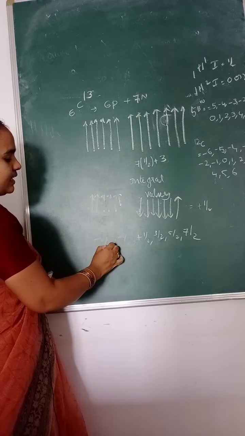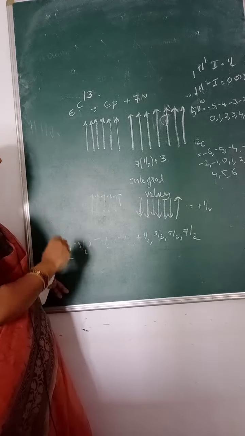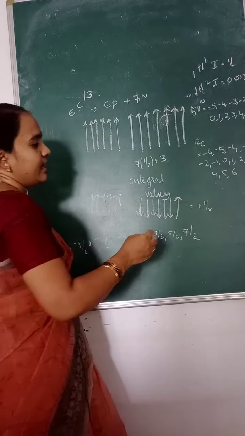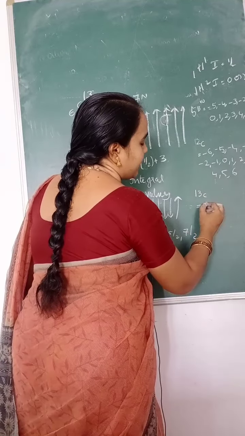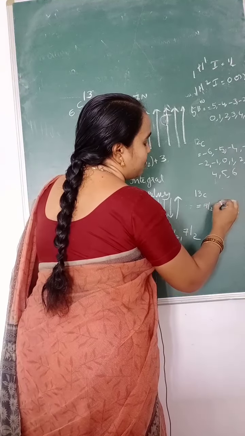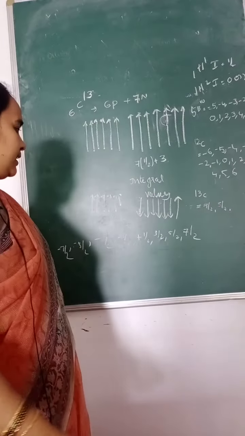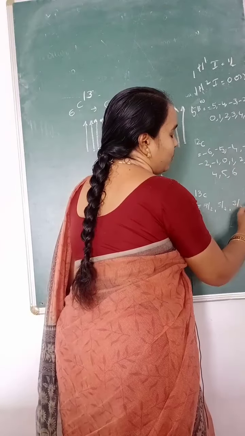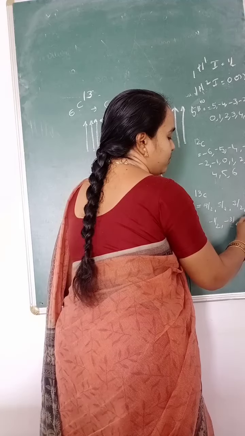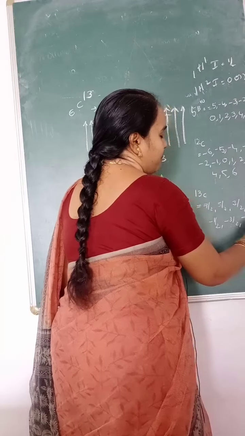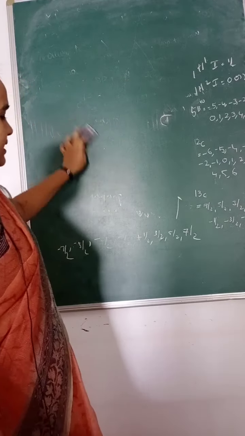Similarly we get minus 3 by 2, minus 5 by 2, minus 7 by 2. So thus we can write for isotope 13C, the resultant spin values are 7 by 2, 5 by 2, 3 by 2, 1 by 2, minus 1 by 2, minus 3 by 2, minus 5 by 2, minus 7 by 2.